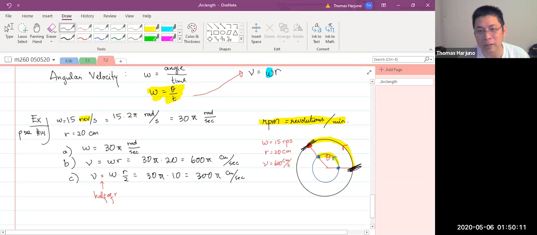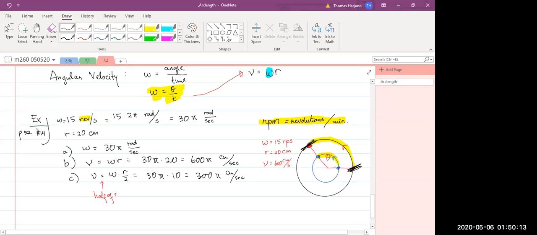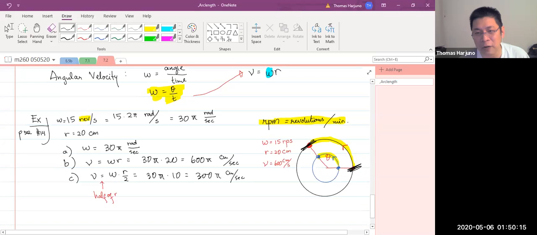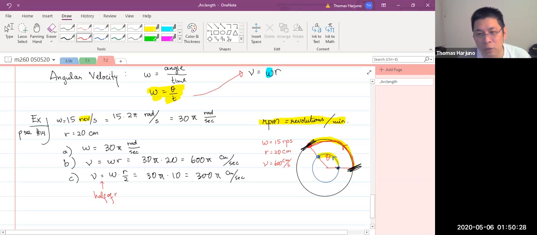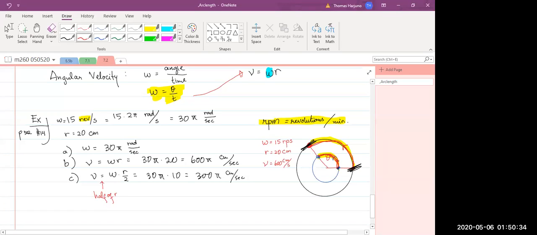You are paddling, and this is kind of like you put a marker here. If you move a distance of s here, then if the marker is only halfway, the distance traveled by that marker will be only half of that s.